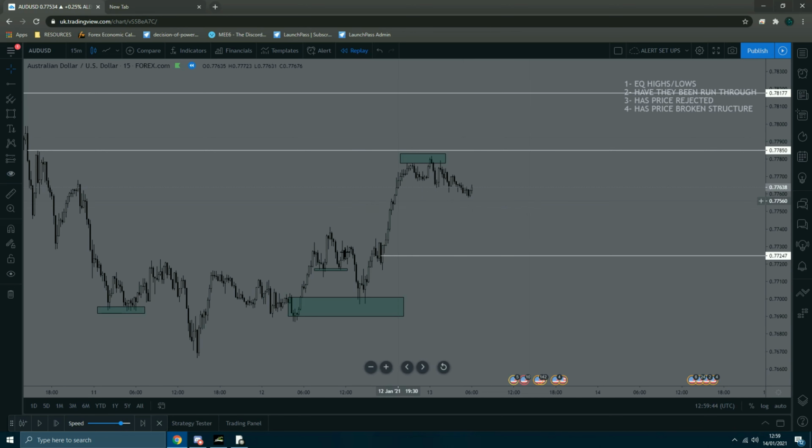Now what you want to look at is the impulse and how long it takes to correct. This is an indication of which direction they're trying to take the market. So impulse, choppy, choppy, choppy, impulse, and look how long it takes now to get back to my price point.